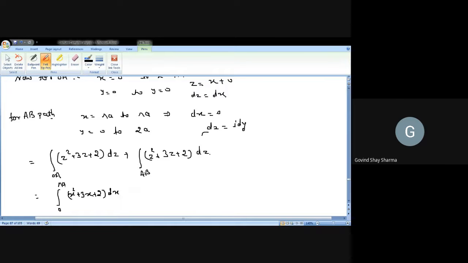We put the limits of x because the variable here is only x.